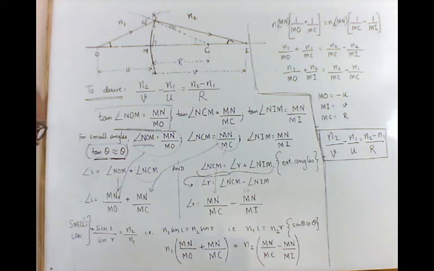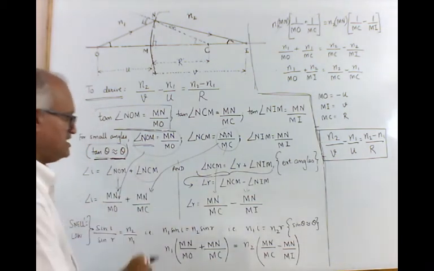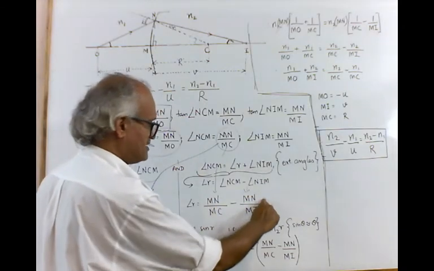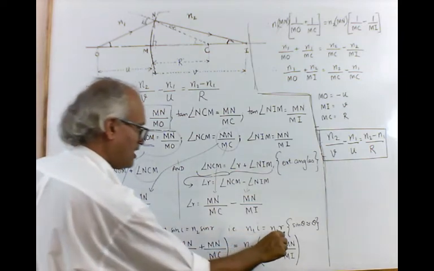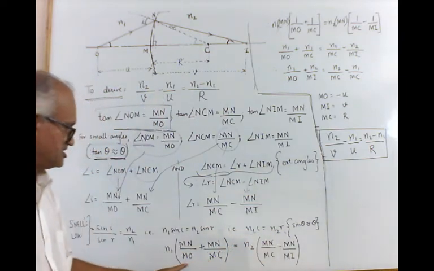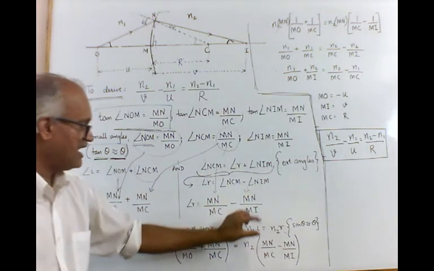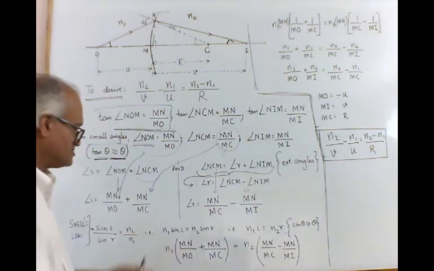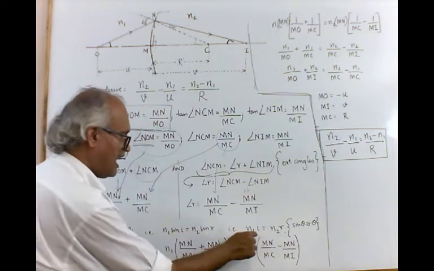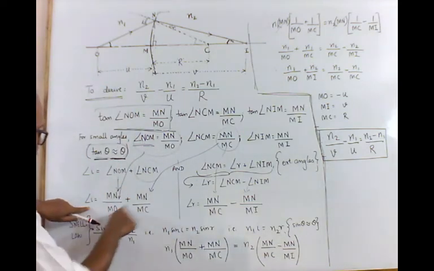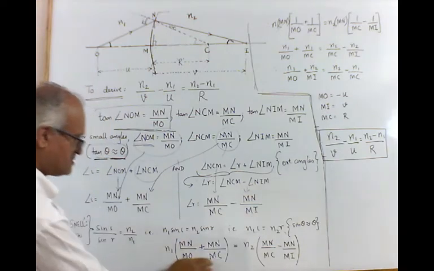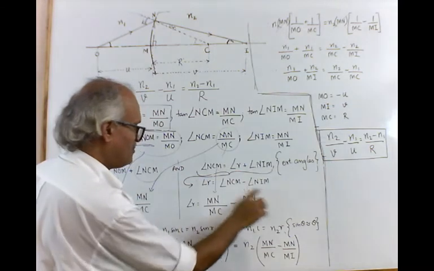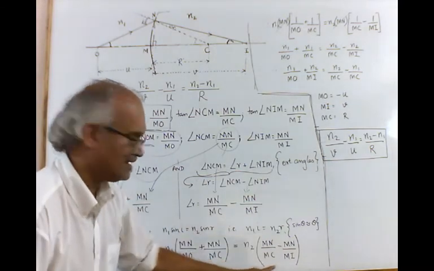Okay, now we have got I equal to mn upon MO plus mn upon MC, and we have got R equal to mn upon MC minus mn upon MI. So these two substitutions, this in place of I and this in place of R, we can substitute here. So n1 I is equal to n2 R becomes n1 into bracket, I equal to mn upon MO plus mn upon MC, brought here. So this is substituted in place of I, and R equal to mn upon MC minus mn upon MI, brought here.